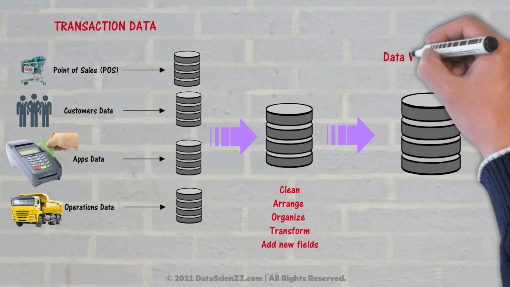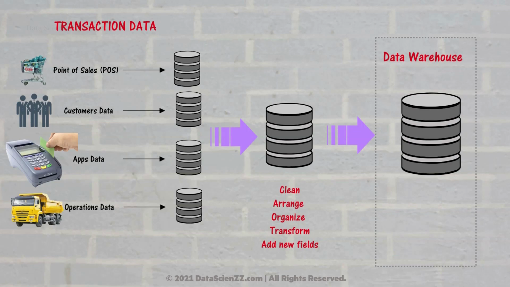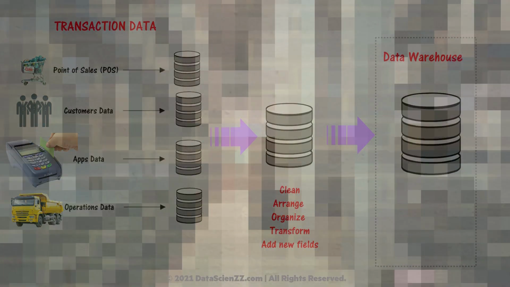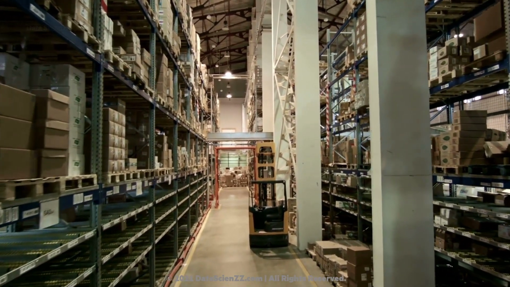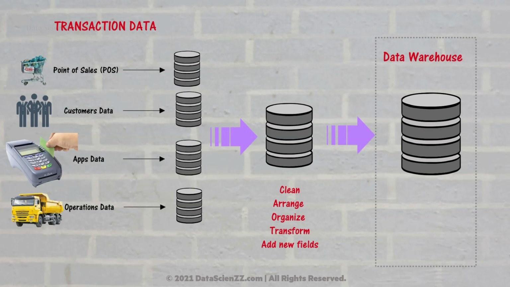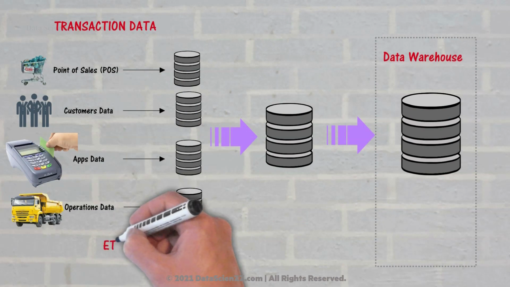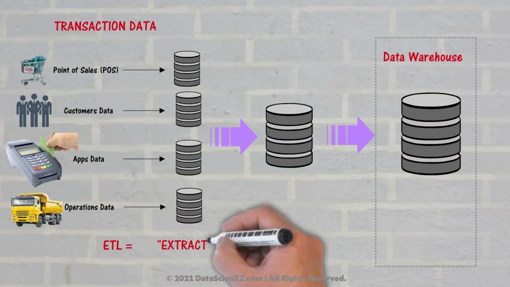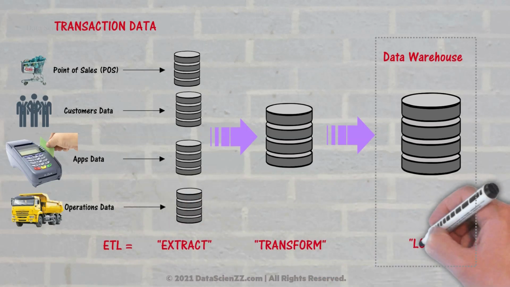So data warehouse is the single source of truth for analytical data. It is similar to a goods warehouse, where you store different products and take some products as per your requirements. The process of archiving transaction data to a data warehouse is called ETL, or extract, transform, and load process.